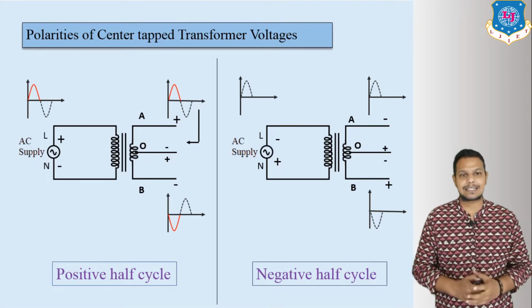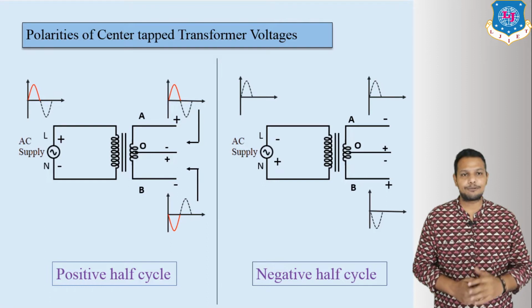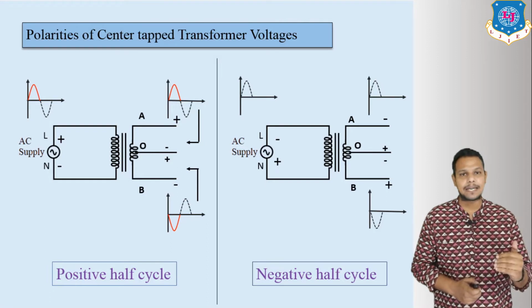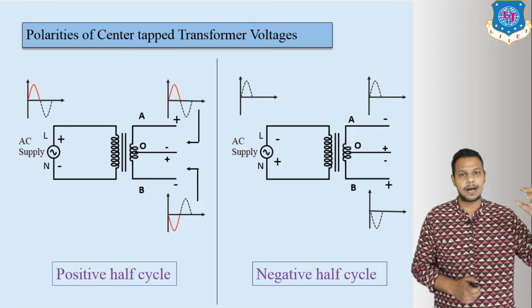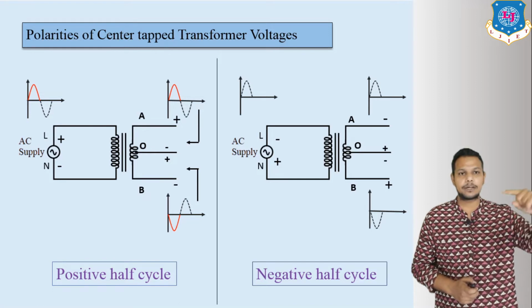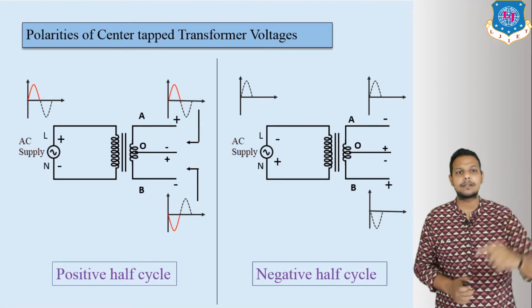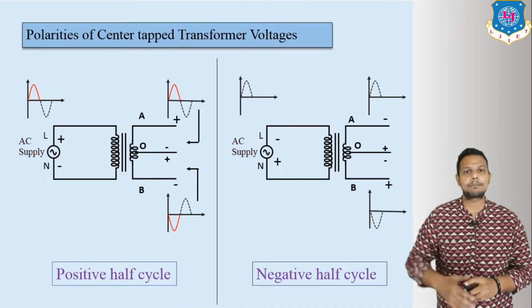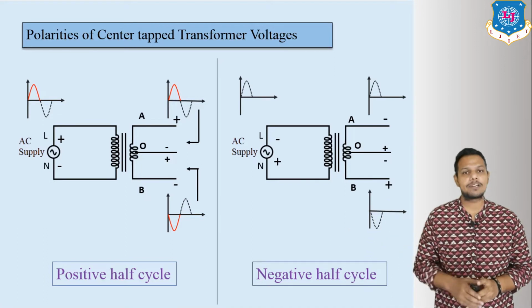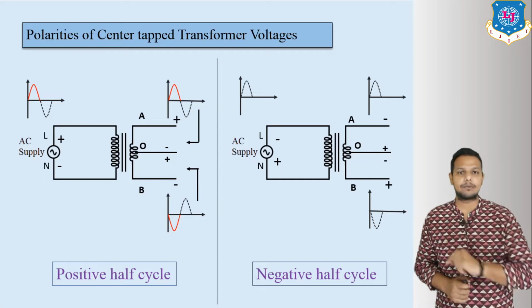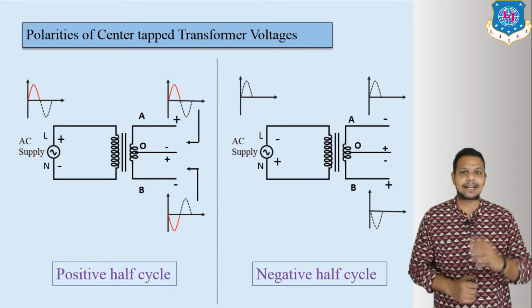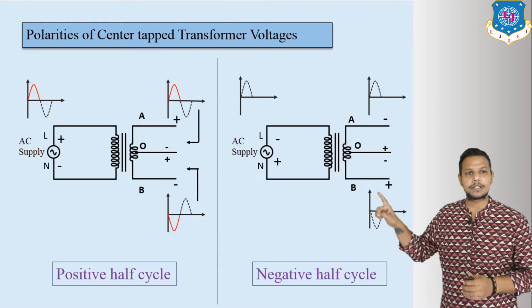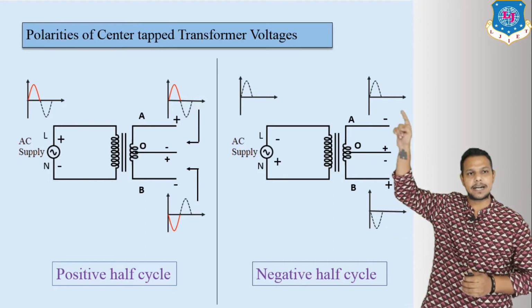Now let us discuss the negative half cycle. If we enter the negative half cycle, the polarities are changed. Above we put minus and the lower side positive, since current always flows from positive to negative. Similarly, on the secondary side, we put positive here and negative on the upper side.